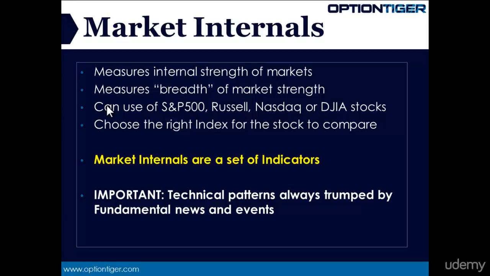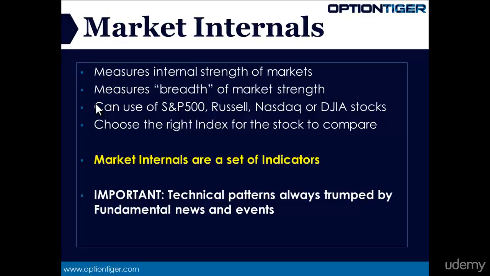The other market internal indicator you can look at is the advancing issues minus the declining issues. That gives you an indication of how strong the advance is in the market. Or if declining issues are much more, then you're obviously going to see a negative number. But the point is, you want to get the difference between the advancing issues and the declining issues.